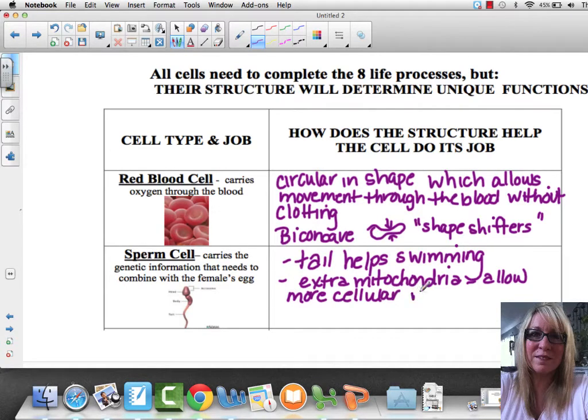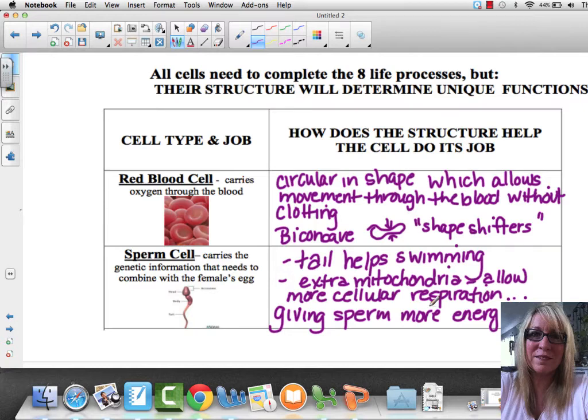And through cellular respiration, we produce energy. So that gives sperm more energy because they got to swim. So you can see how the structure of these two cells helps them do their job.